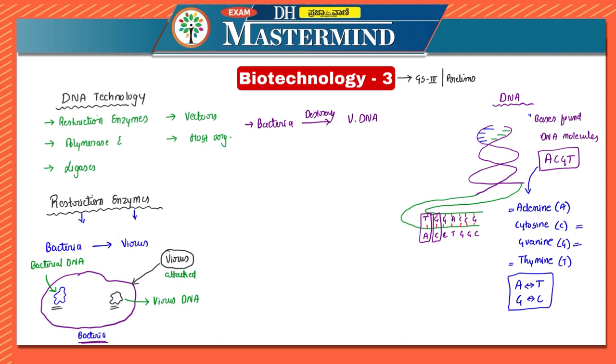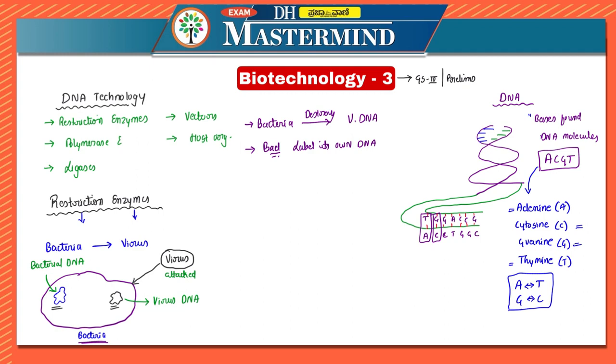The first process the bacterium will do is label its own DNA, so that it is easy for it to recognize, that is, this is my DNA. It will label its own DNA.